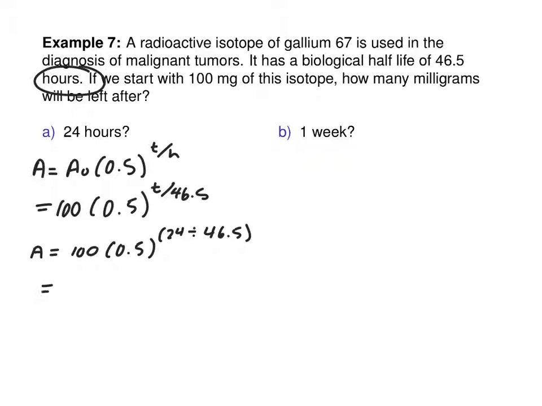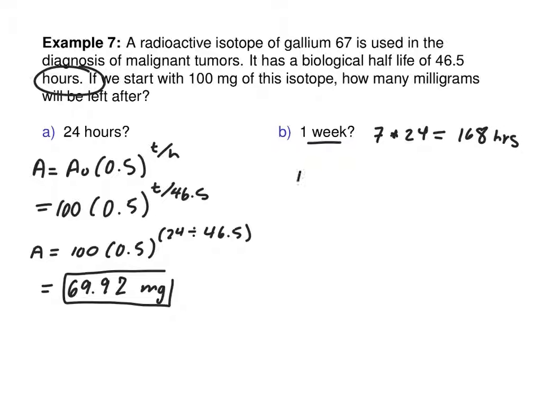Perfect. 69.92. How would you figure out a week? Calculate how many hours are in a week. So how would you figure out how many hours are in a week? There's 24 hours every day. 7 times 24, exactly. I think that's 168.